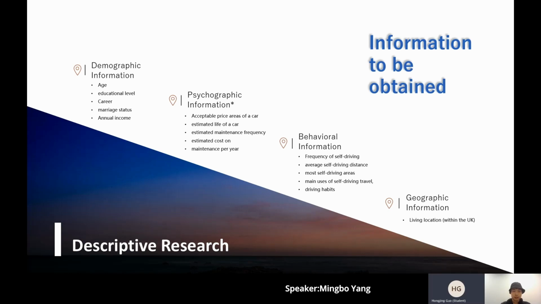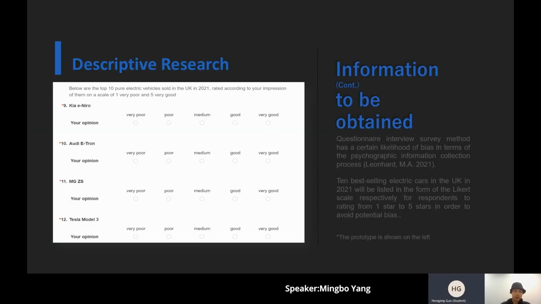So, next page. The rating method would also be used as a supplement when collecting psychographic information at this stage, because previous research showed that the questionnaire interview survey method has a certain likelihood of bias in the psychographic information collection process.